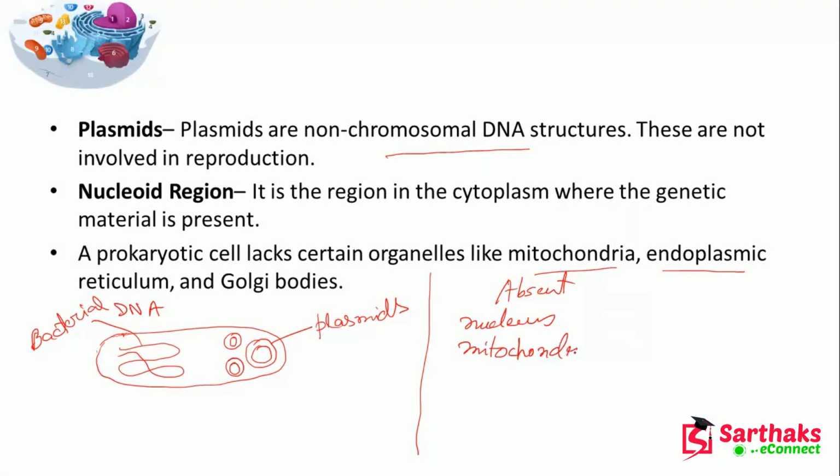These are absent. So there is no nucleus, there is only a nuclear region in the cytoplasm with some genetic material present, and mitochondria, endoplasmic reticulum, and Golgi body are absent.